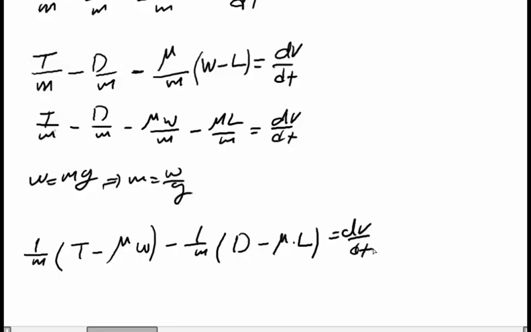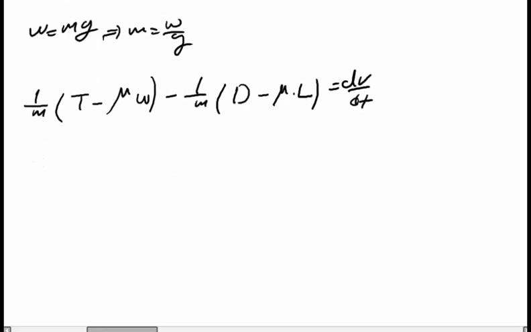How do we get this? We take 1 over m here, so we have only T minus D, and I move to this part here, so we take 1 over m, so we have left mu times W minus 1 over m, because this drag minus. It's very straightforward and you can review it by yourself.